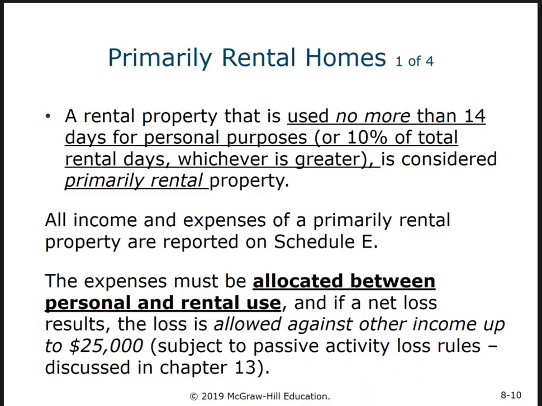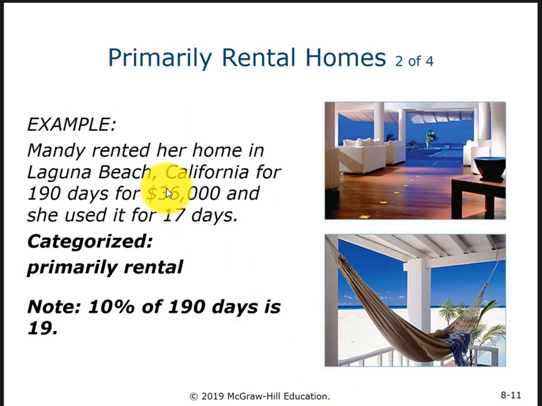Okay? So it still has to be allocated, remember that, but it is reported, the ones that are for the rental part, on Schedule E, and you're allocating it based on the number of days. Okay, so example, rented 190 days for $36,000, used it for 17.